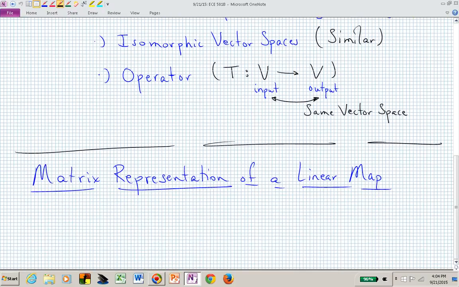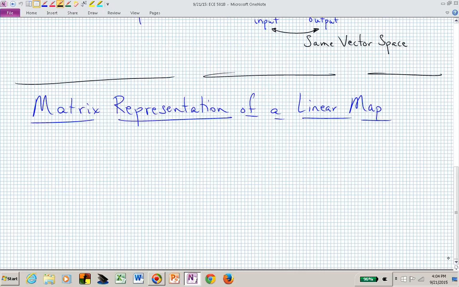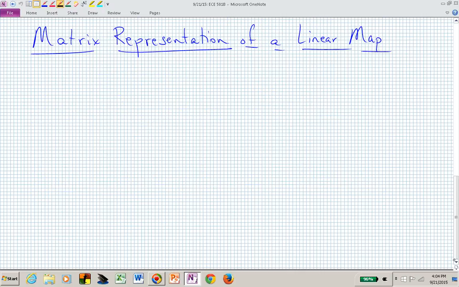Let's now talk about this idea of a matrix representation of a linear map. And let me write down what I hope to get covered today.